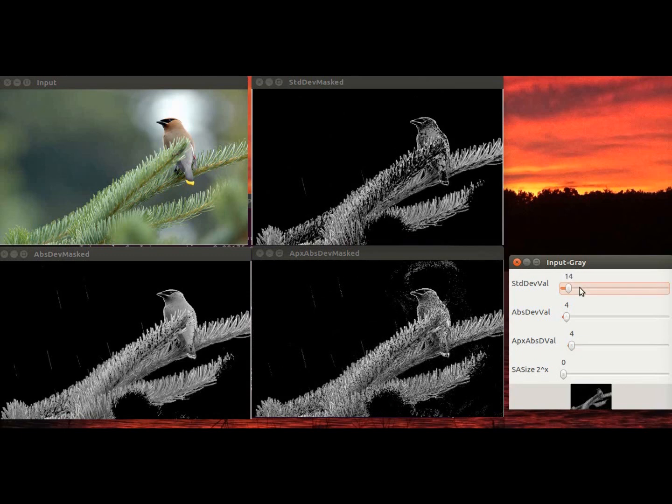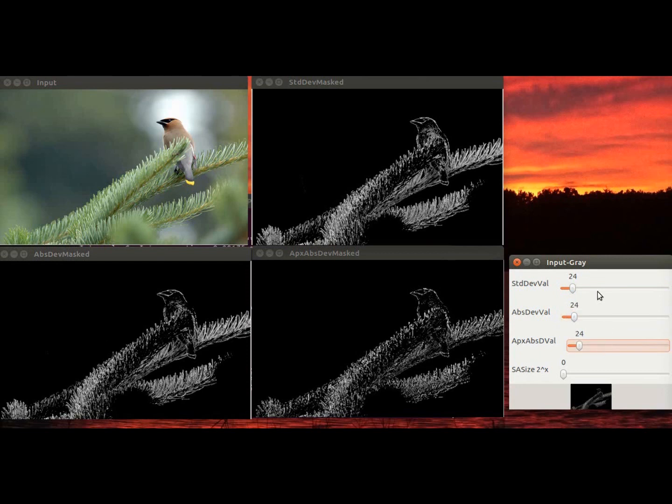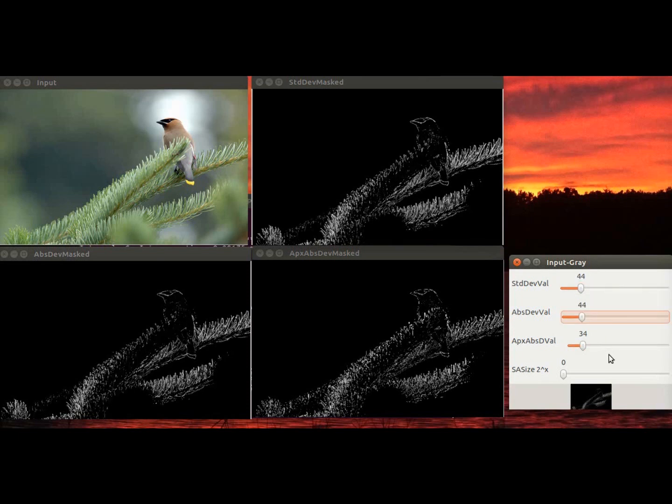So as we increase each one, the standard, the absolute and the approximate, you can see we get the same sort of results, but the computation involved with the approximate is far less because you're only using about a 16th of the processing of the whole image.